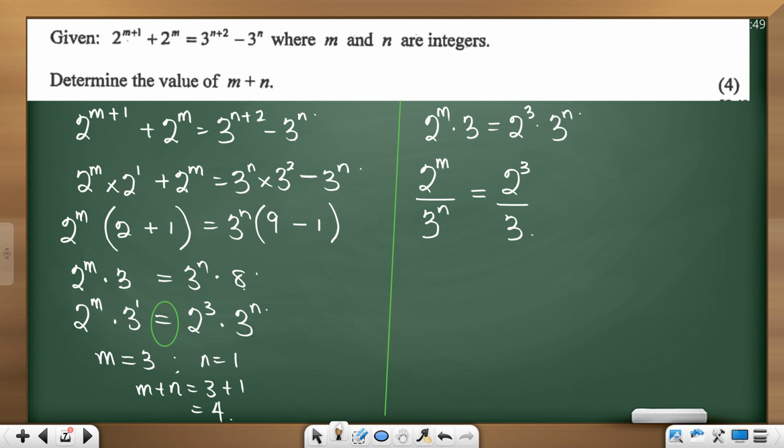Now, since 2 to the power m over 3 to the power n equals 2 to the power 3 over 3 to the power 1, I can equate. Remember, when the bases are the same, what should I do? Equate the exponents. m equals 3, n equals 1, m plus n is 3 plus 1.